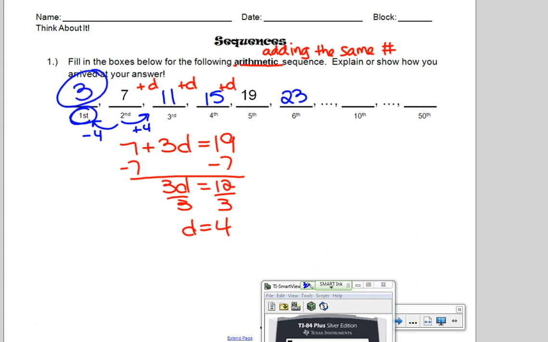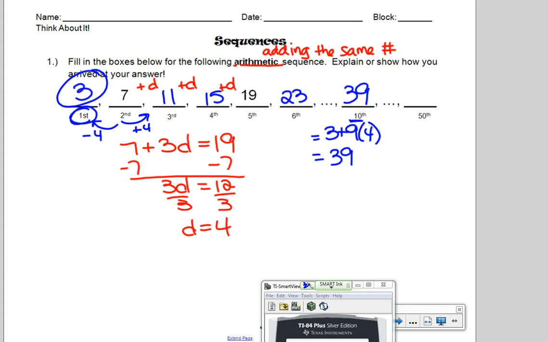And then from there, I can use what we learned last class to find the 10th number and the 50th number. I know that the 10th number will be our initial number 3, our first one, plus I know that I'm going to add 9 4s, because remember, it's always one less 4 than you have numbers. So the 10th number would only require 9 more 4s, and that's going to be 39.